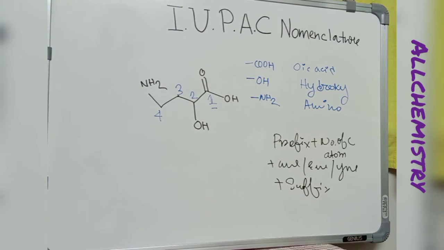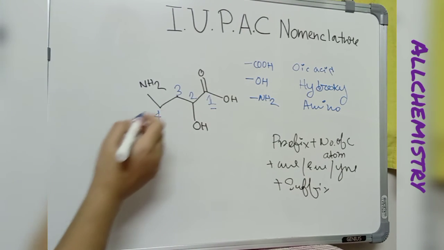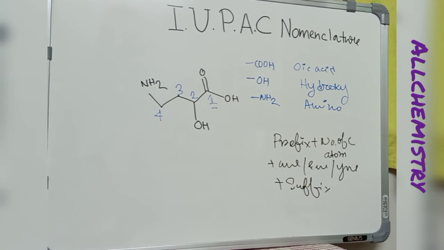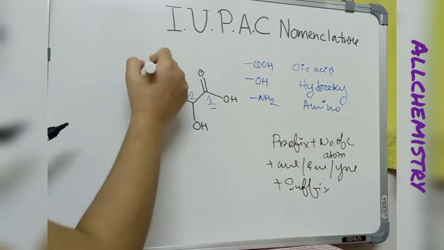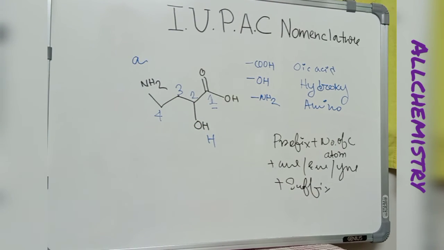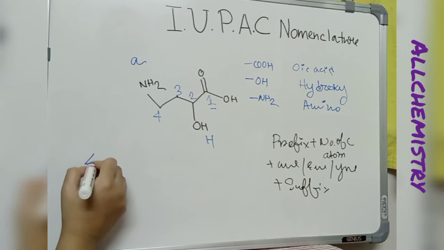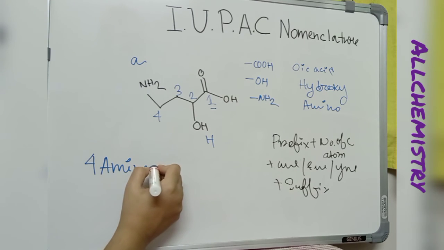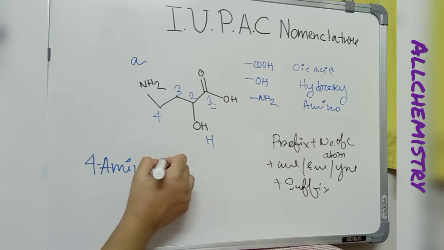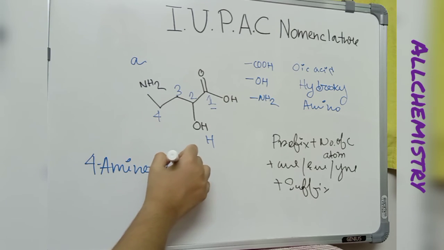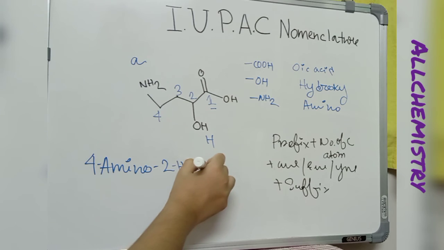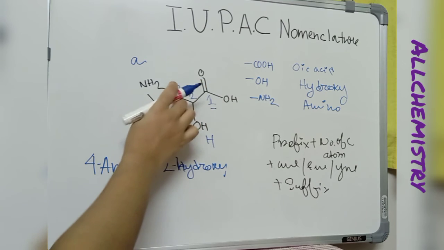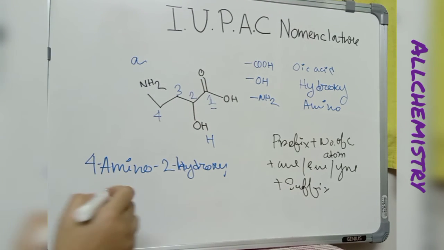Okay, so if I take it here, we have 4 amino and 2 hydroxy. Between those, amino starts with A, hydroxy starts with H, so we will take amino first. So we will write 4 amino. Then we will put a hyphen again, 2 hydroxy, then 1, 2, 3, 4 carbons: meth, eth, prop, but.